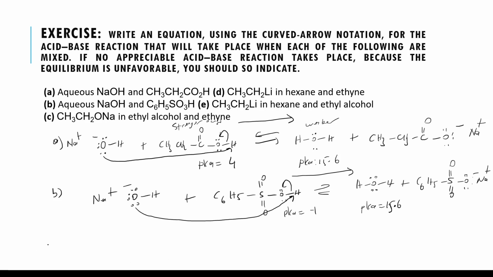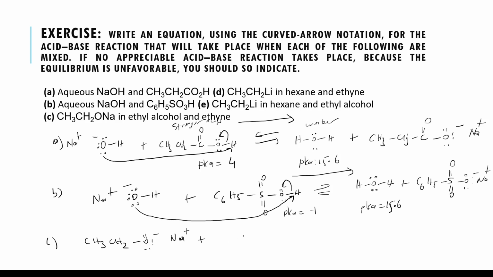Let's look at option C. We have here sodium ethoxide. I'm going to write CH3CH2O negatively charged, and sodium positively charged, reacting with ethyne.